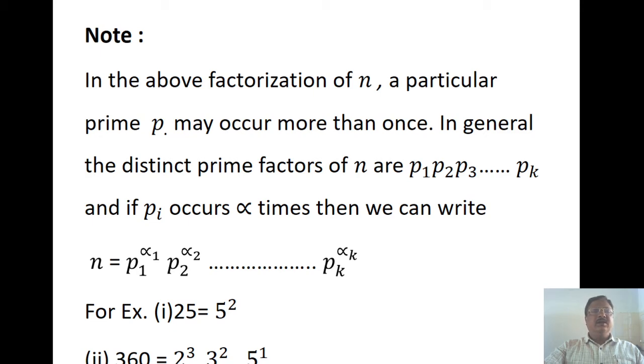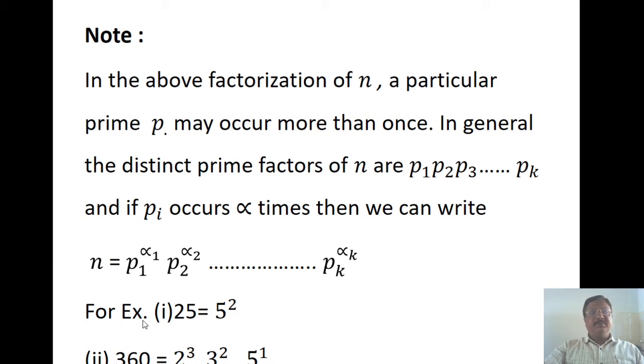In general, the distinct prime factors of n are p1, p2, p3, so on up to pk, and if pi occurs alpha times, then we can write n is equal to p1 raised to alpha 1, p2 raised to alpha 2, so on up to pk raised to alpha k. So any one of these primes may be repeated.